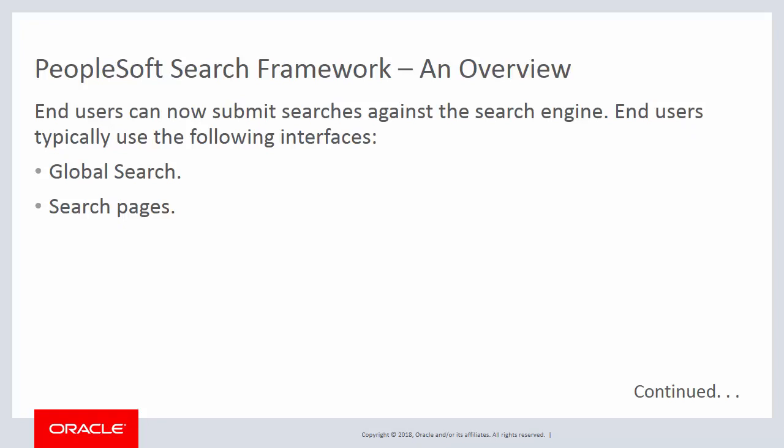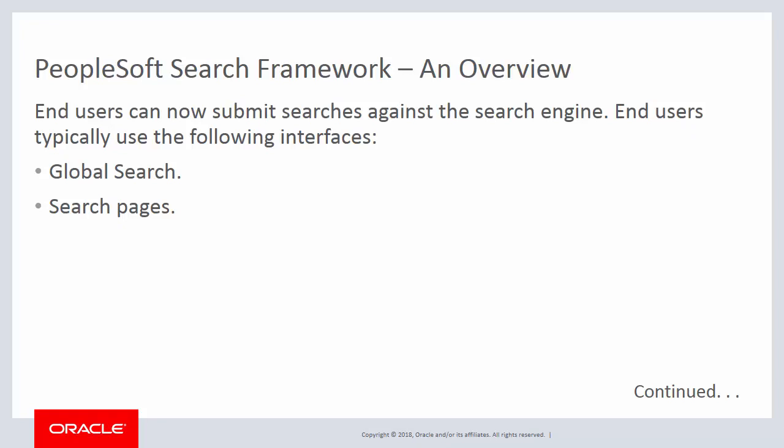This provides users a global search icon appearing in the header of the PeopleSoft browser session. Clicking the global search icon launches the global search bar, where users can select relevant search categories against which to run searches. The global search feature allows users to search and drill down to a specific row of data or transaction from the search results.